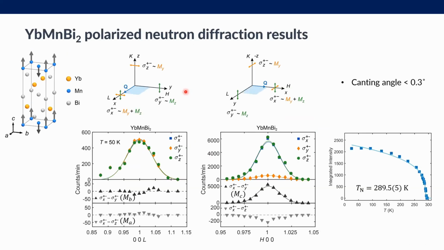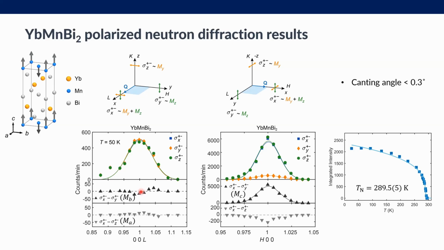Here I'm showing the polarized neutron diffraction results. Again, if we want to measure the moments within the AB plane, we choose this 001 peak, because neutron is only sensitive to magnetic moments that are perpendicular to the scattering vector Q. This is showing the raw data of the three polarizations at this 001 peak.